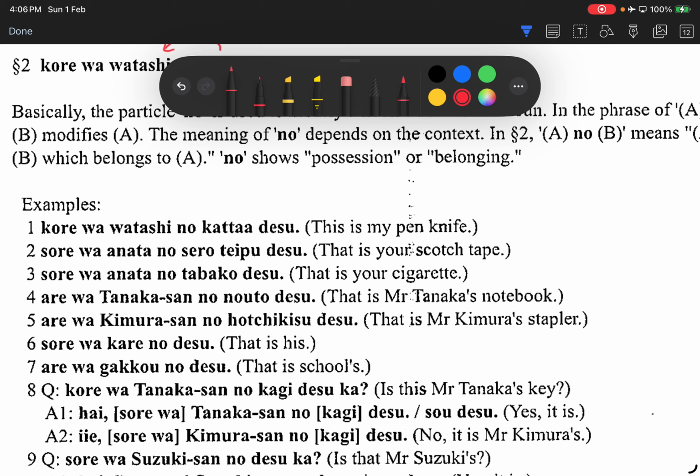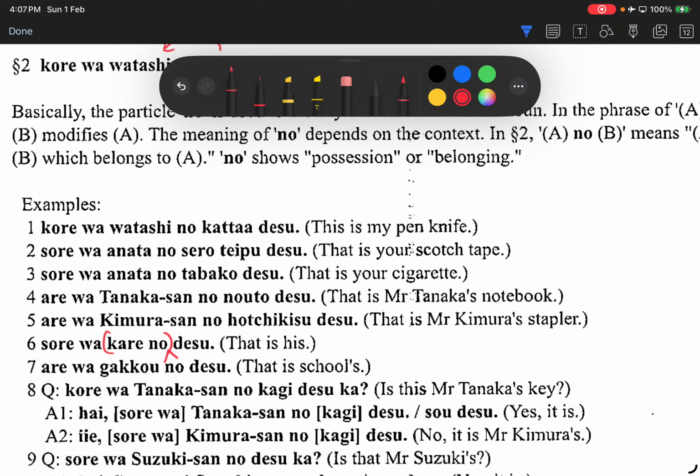6. それは彼のです。Then you'll be like, 彼のです。Belong to 彼? No. So in this case, they didn't put the item. But basically, we can understand from the word 彼の that it simply means 他的. Right? So それ means 那个. So 那个是他的. Right? We don't need to say what item. We just want to say who that thing belongs to.